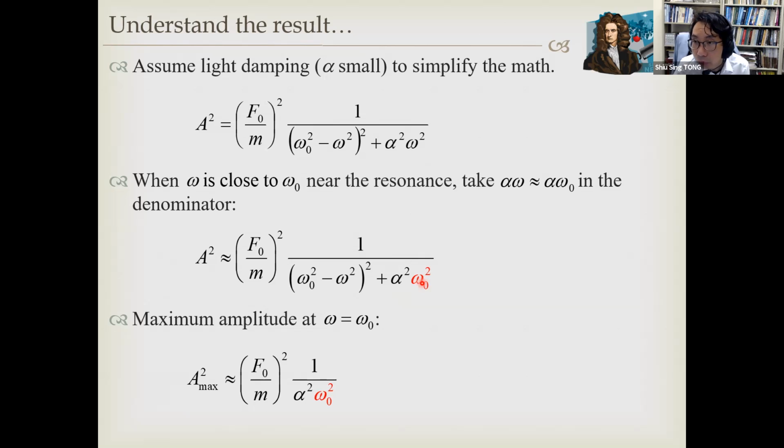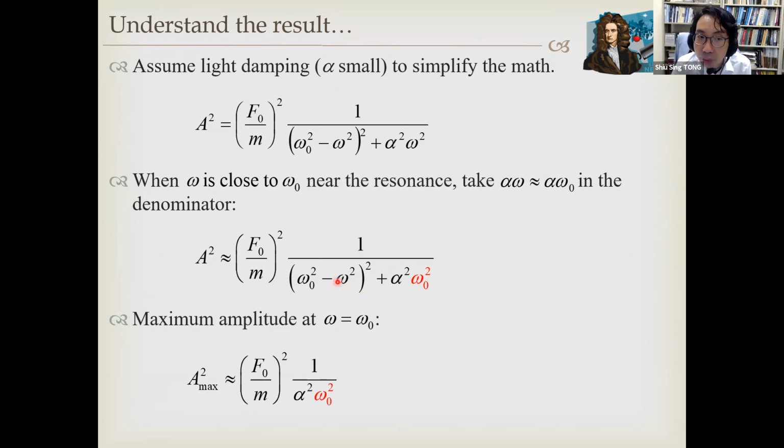And what will then be the maximum amplitude? You can see the maximum amplitude happens when this term is 0. Now, this term is always positive or equal to 0, because it is omega naught square minus omega square, squared.